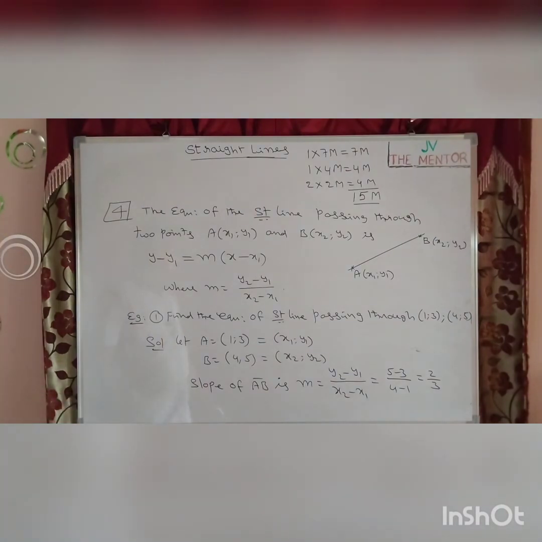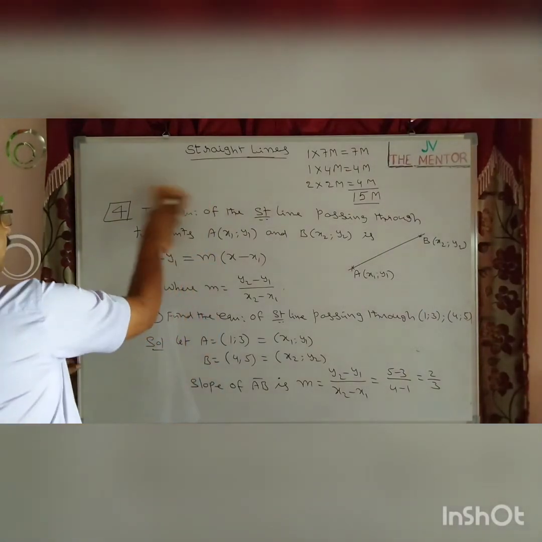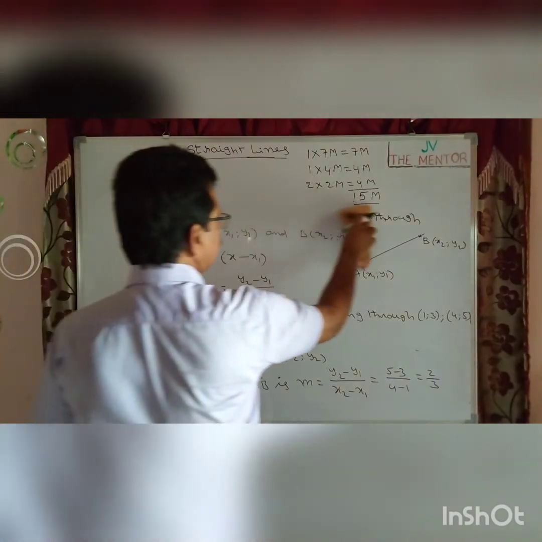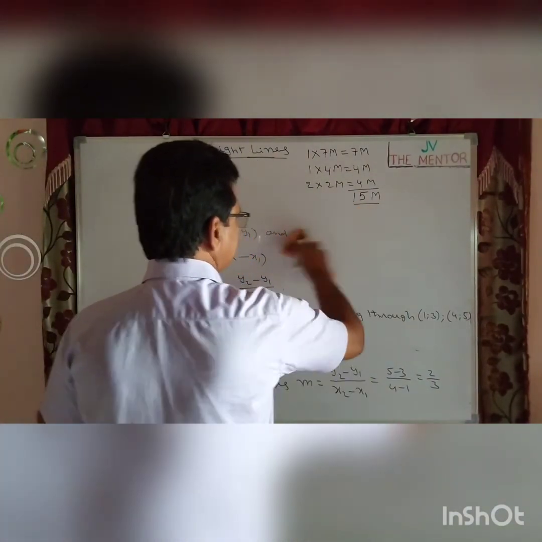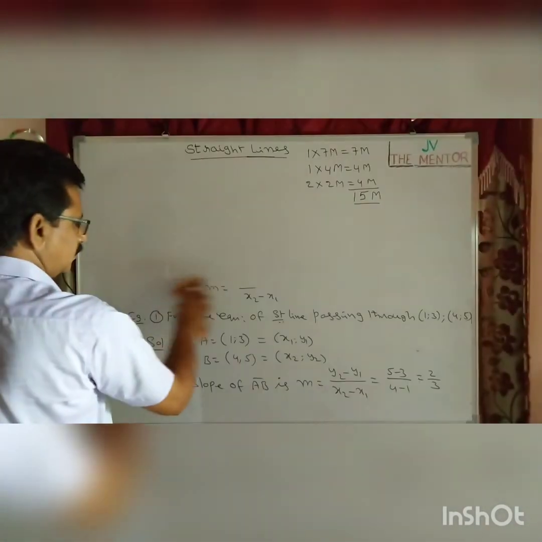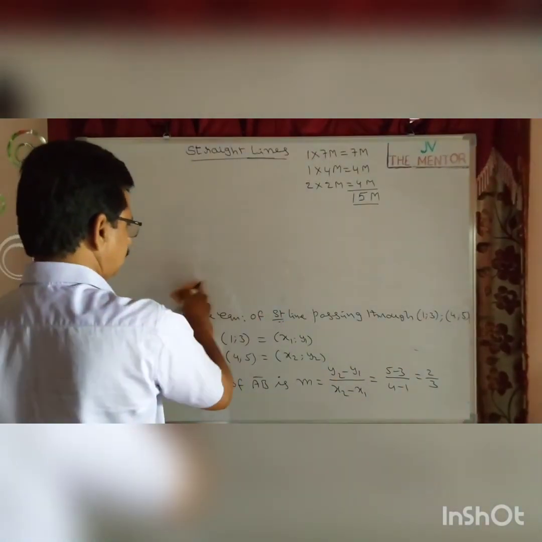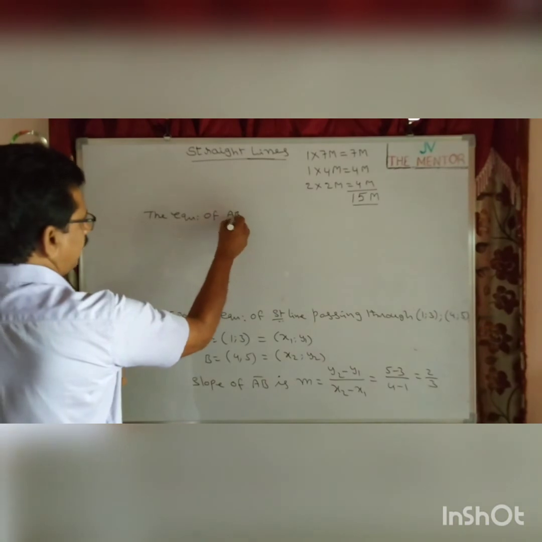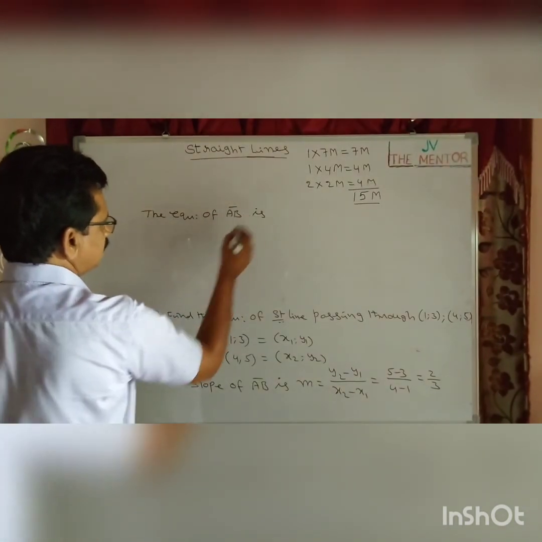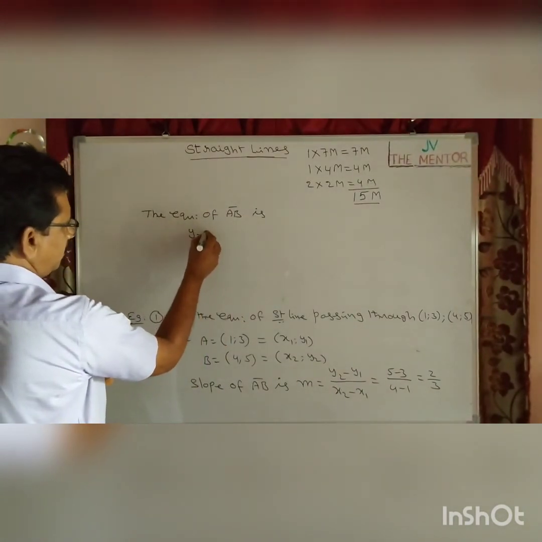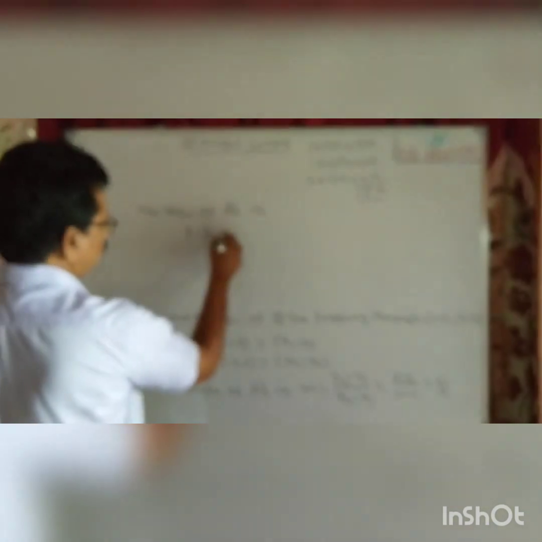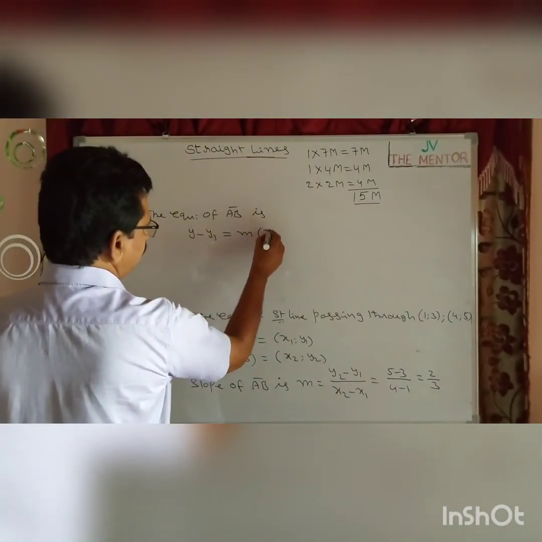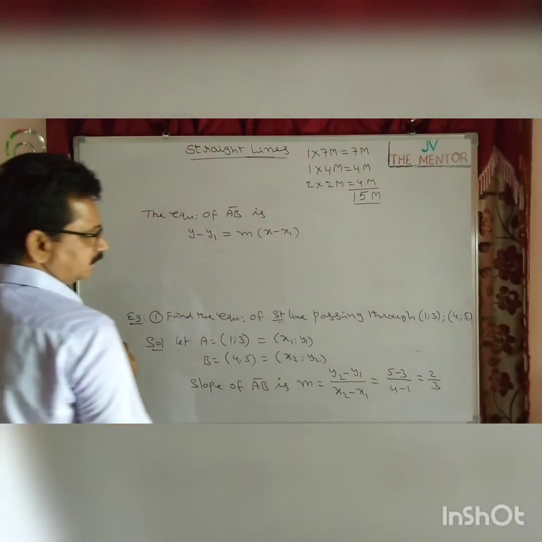Slope of the line is 2 by 3. Now the equation of the line. The equation of AB, the line AB, is y minus y1 equal to m into x minus x1.